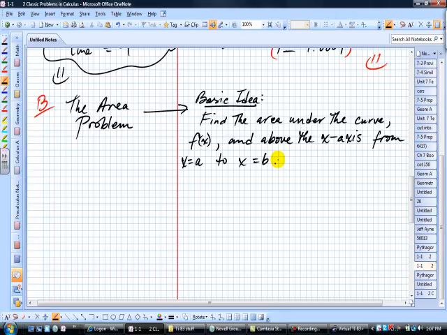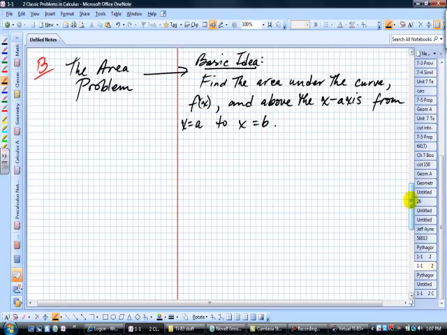What we want to do is draw a picture of this and get an idea of what we're doing. So let me get some axes here. Okay, and let's get a function here. Call this f of x.